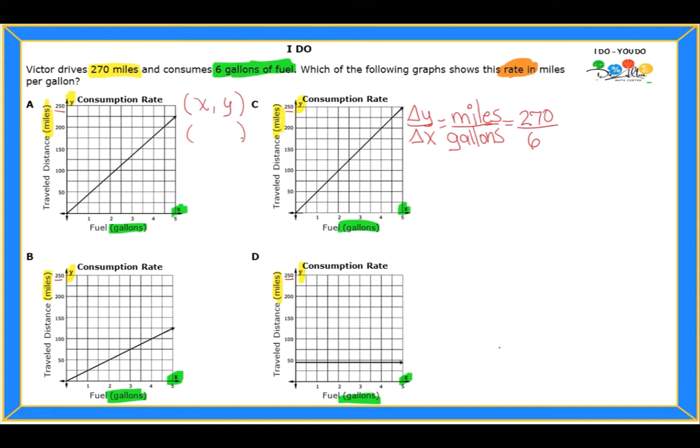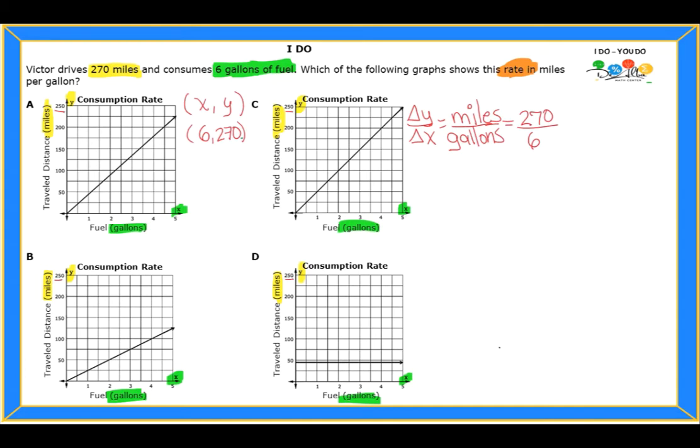It's kind of weird. Let's write it again. But when you write it again, make sure that x goes with x and y goes with y. So x is equal to 6 and y is equal to 270. Okay? Maybe that can make you feel better looking for the numbers on the graph, right?